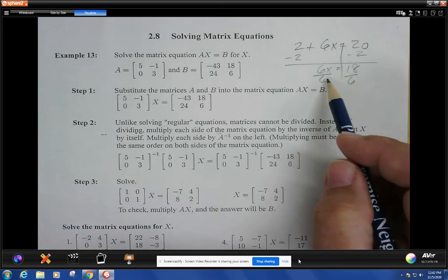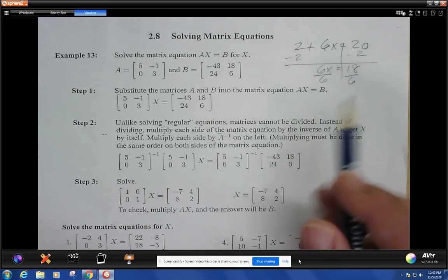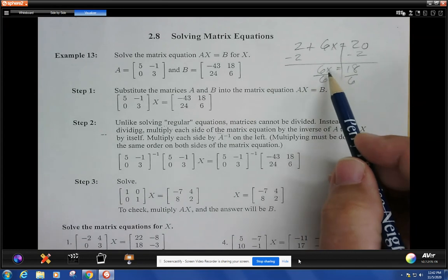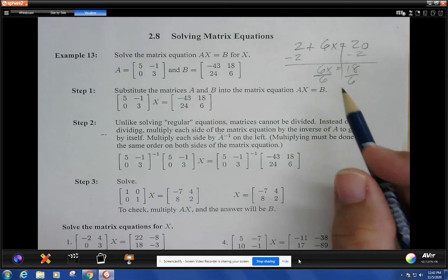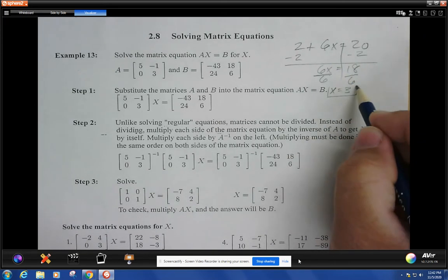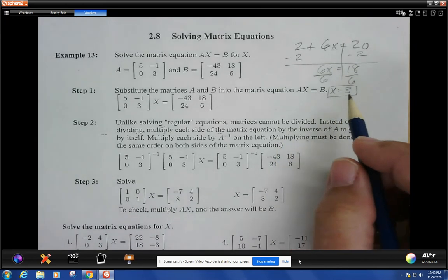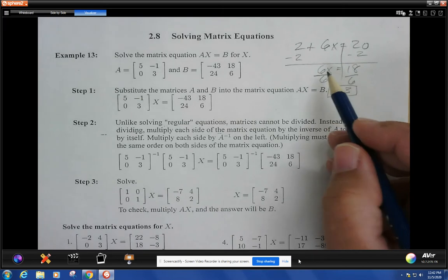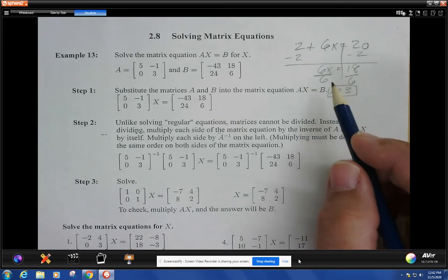The reason we divided and didn't subtract or add or multiply was because I was already multiplying the 6 to the x, so I had to do the inverse of multiplication, which is division. So when I do that, of course, I'm going to get x equals 3. It's not really important, the answer. I wanted you to see that you have to do inverse operations in order to undo this 6 times x, and the 2 that was over here as well. So inverse operations are really important.